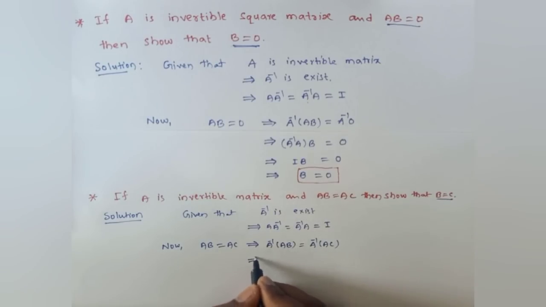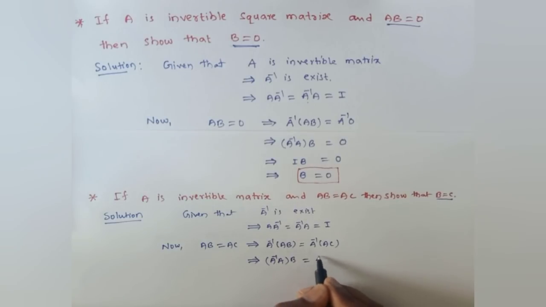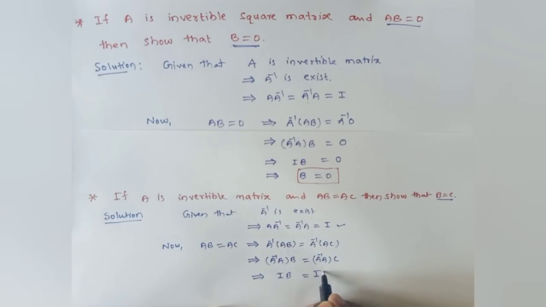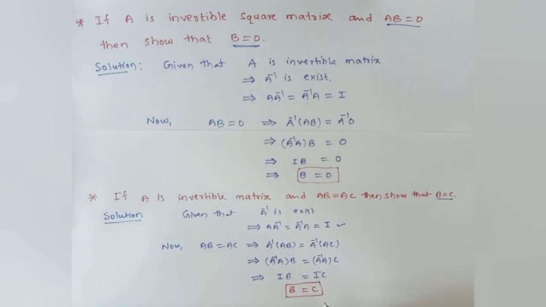Now the matrix satisfies the associative property, so we can express it as A inverse into A of B is equal to A inverse into A of C. Now from this, we can write A inverse into A as I, so I into B is equal to I into C. Therefore I into B is nothing but B, and I into C is C. So B equal to C. Hence proved.